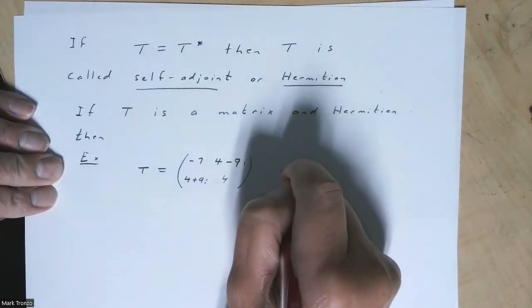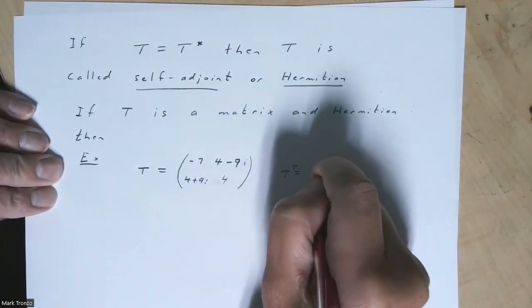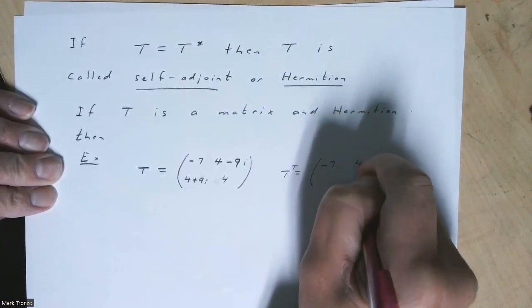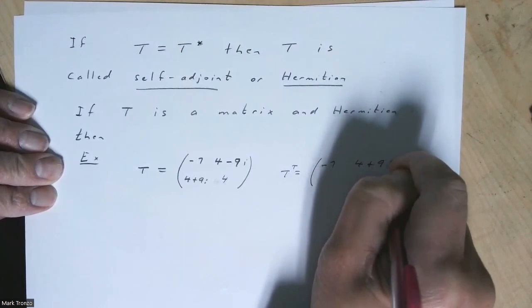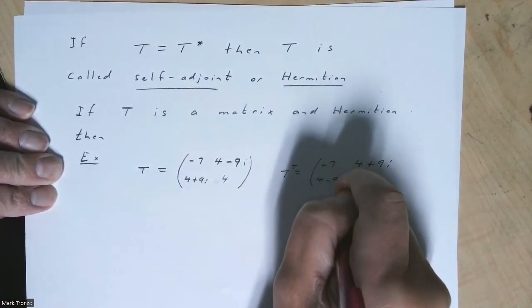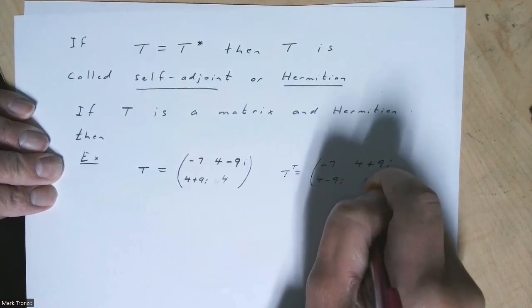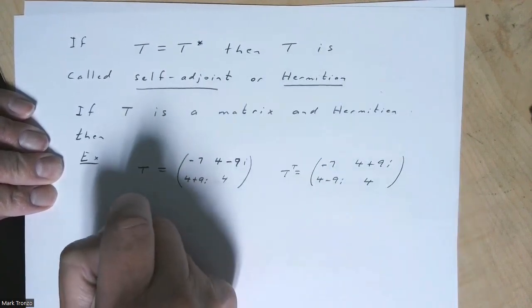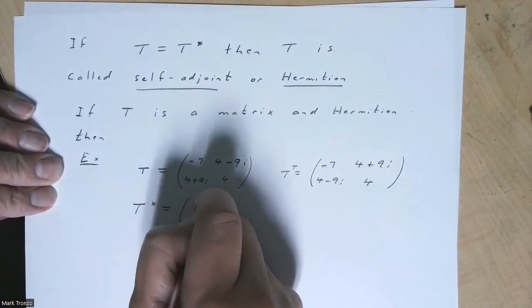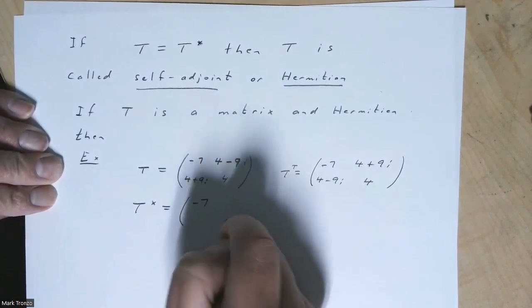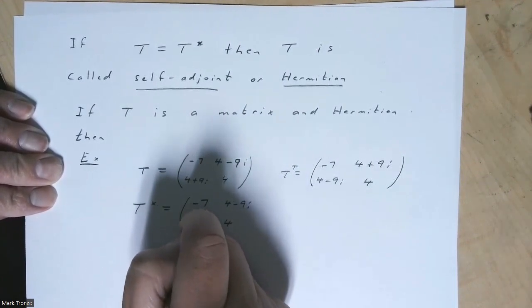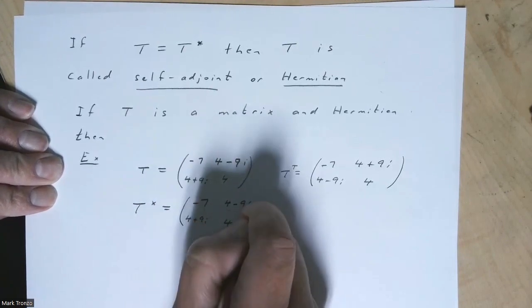Notice the transpose of T is going to be minus 7, 4 plus 9i, 4 minus 9i, and if we take the conjugate of that, we get minus 7, 4, 4 minus 9i, 4 plus 9i.